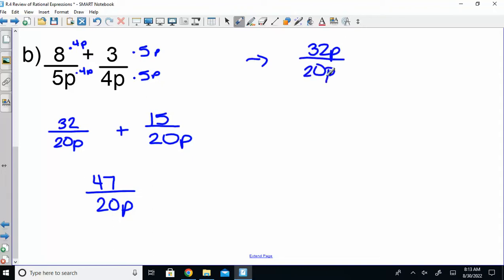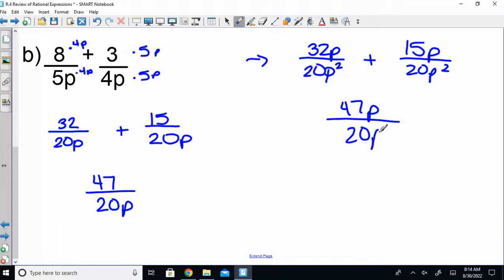We would get 32p over 20p squared, 15p over 20p squared, so 47p over 20p squared, and then what happens? You can cancel out a p and you get back to that point. So if you don't get the least common denominator, you will have to reduce it later on, but that's okay, as long as you get the same denominator and then double check at the end that you can't reduce it any further.